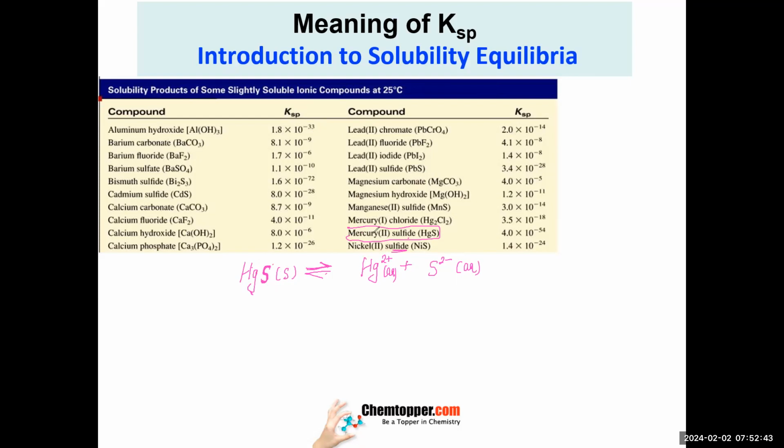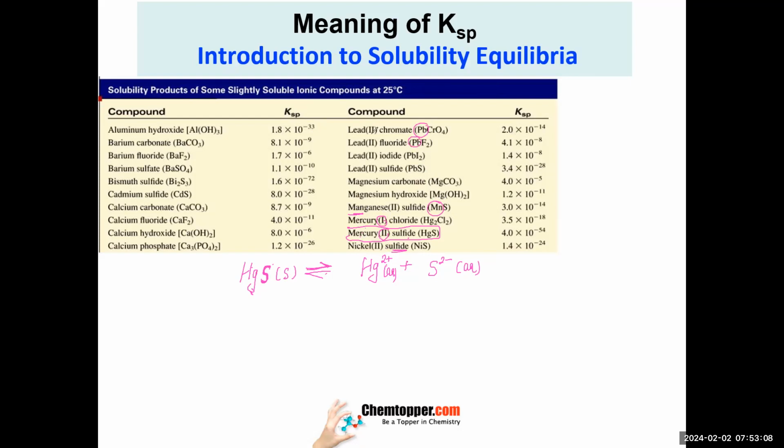It's a transition metal, mercury. It shows different oxidation numbers. Here it is showing 2 plus, so you are using Roman numeral II. We have to represent this for transition metals like manganese, Mn is also a transition metal.